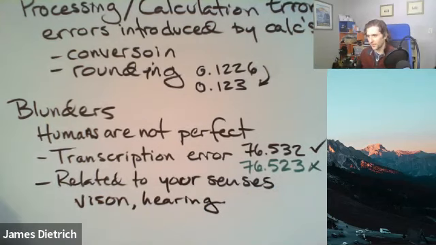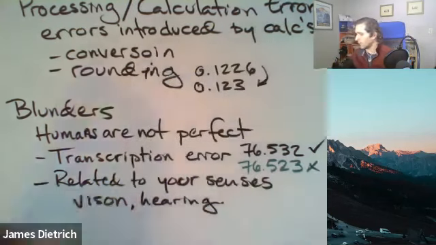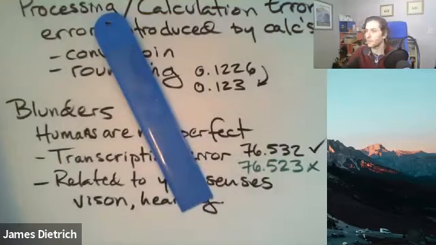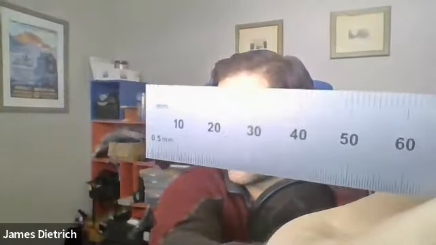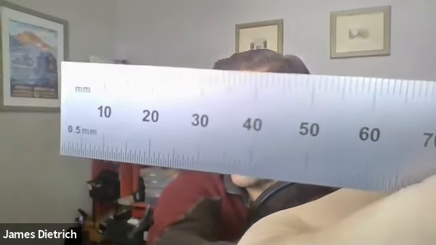Blunders can be related to your senses as well. Like how good is your vision? On my machinist scale here, if you zoom way in on that, you can see that the bottom scale has 0.5 millimeter divisions.